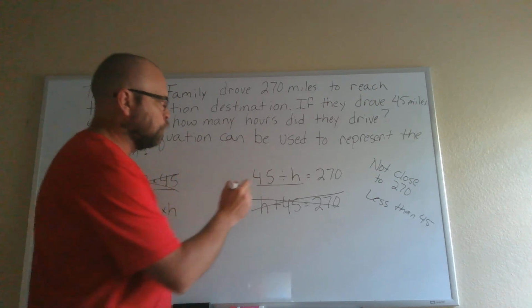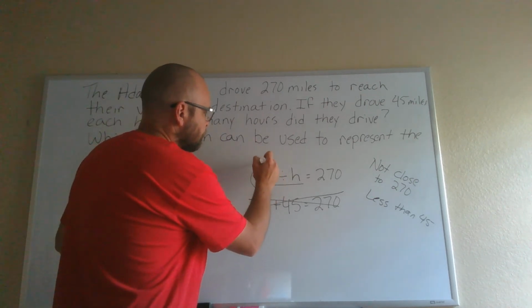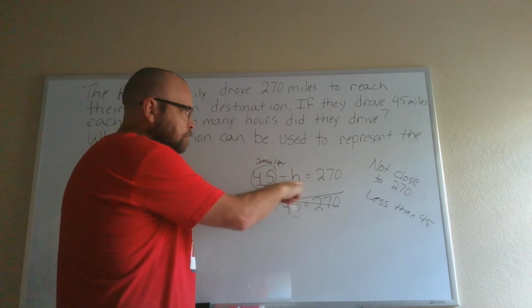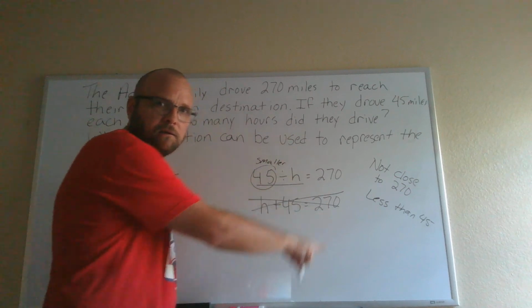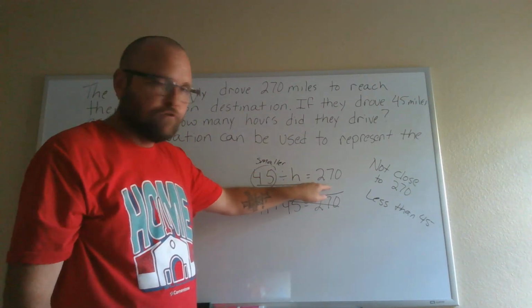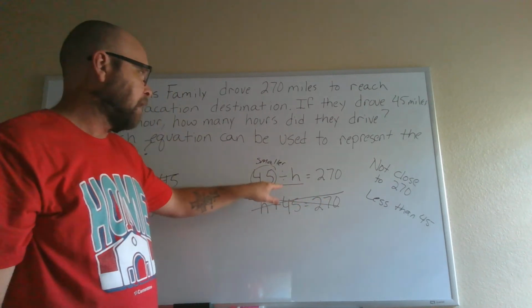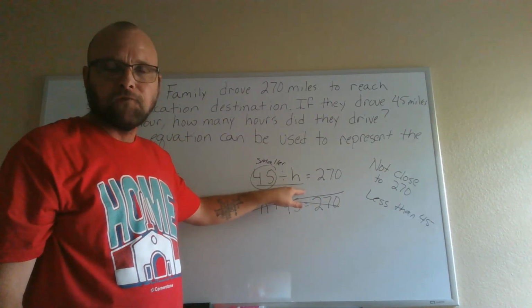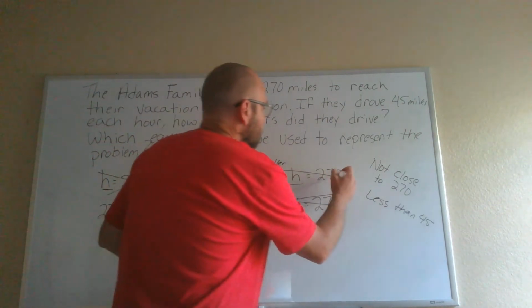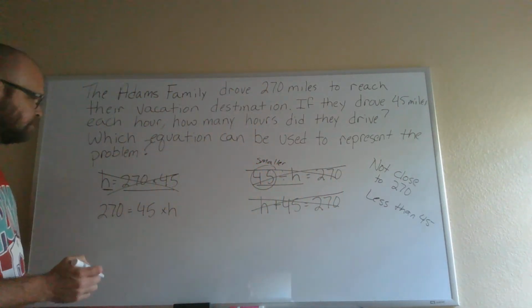So if I make this 45 smaller by dividing it into parts, there's no way I can get 270. I can't divide 45 by something and get 270 unless I'm dividing by a really small fraction. So this one cannot possibly be the answer.